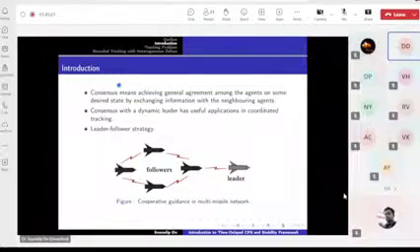Now we'll go for tracking. So in that particular case, I am having a dynamic leader in my system, and the objective is that all the vehicles will finally follow this particular leader.